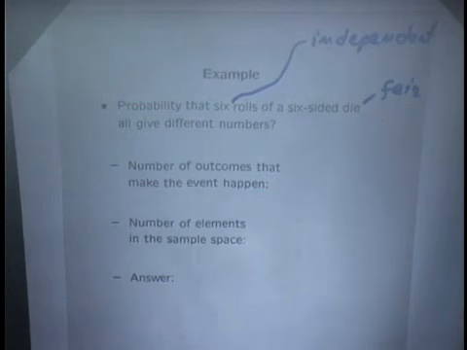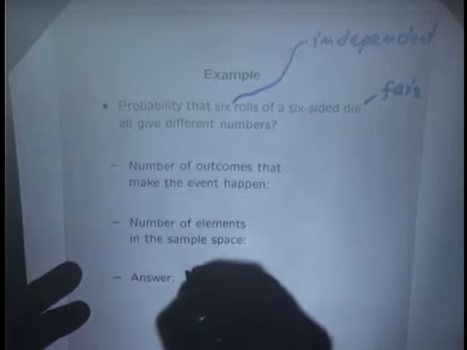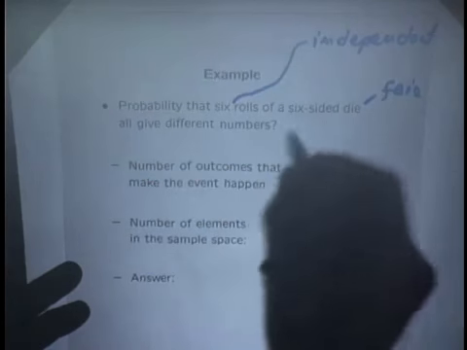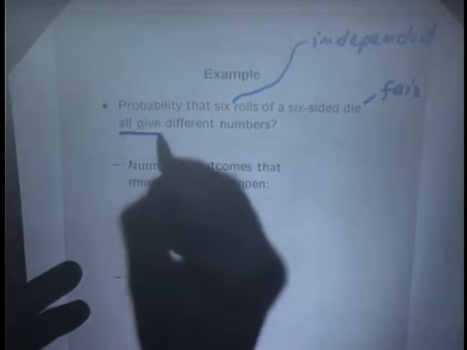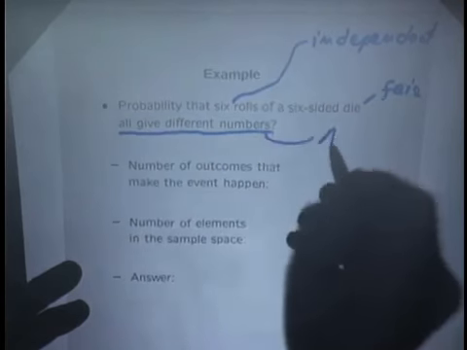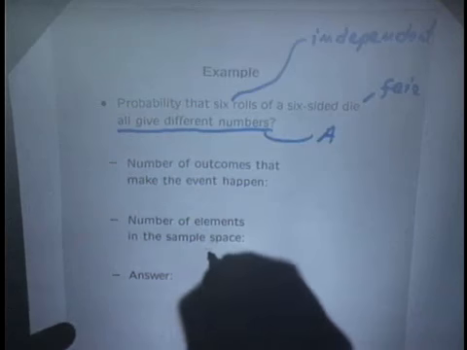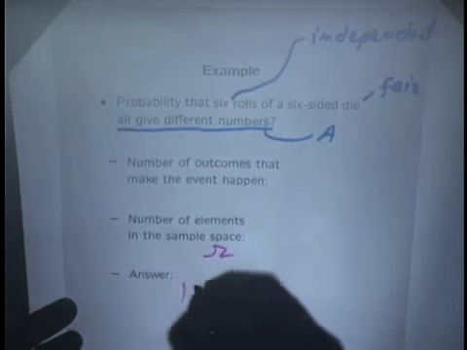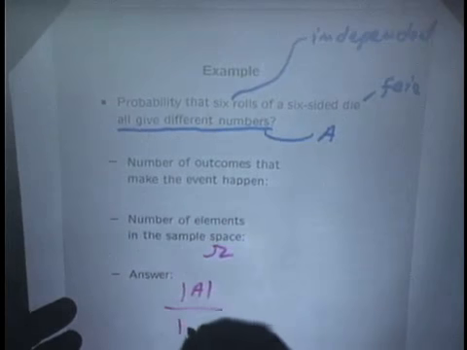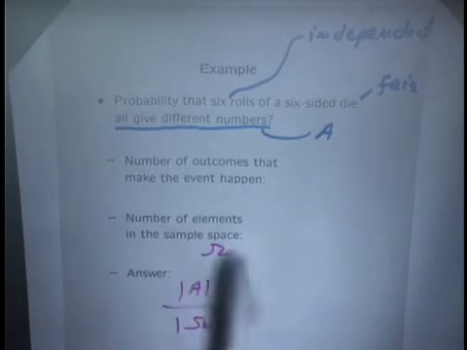Since all possible outcomes are equally likely, to find an answer to a probability question, if we're dealing with some particular event, so the event is that all rolls give different numbers, that's our event A, and our sample space is some set capital omega, we know that the answer is going to be the cardinality of the set A divided by the cardinality of the set omega. So let's deal with the easy one first.